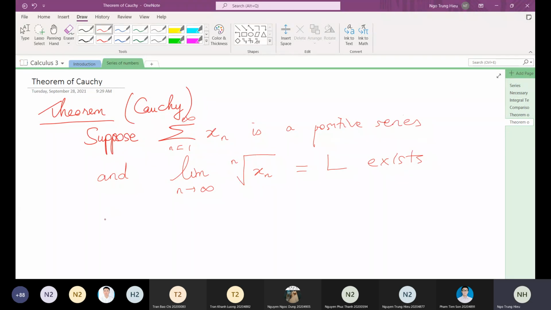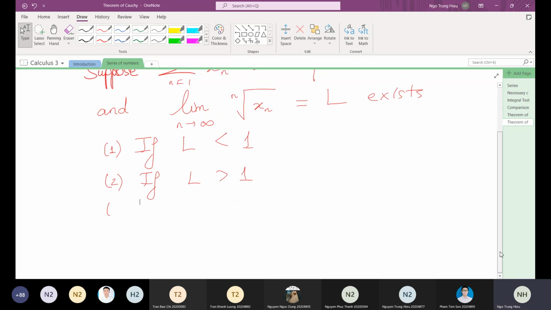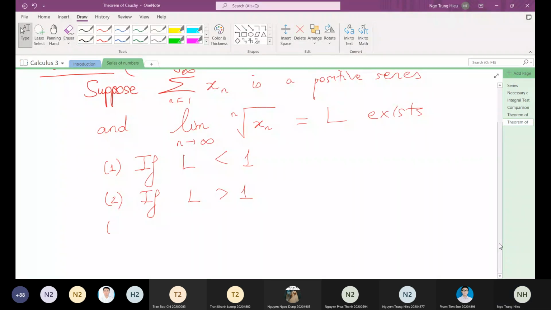And then we also consider three cases. If L is less than 1, if L is greater than 1, and the third case, if L equals 1.